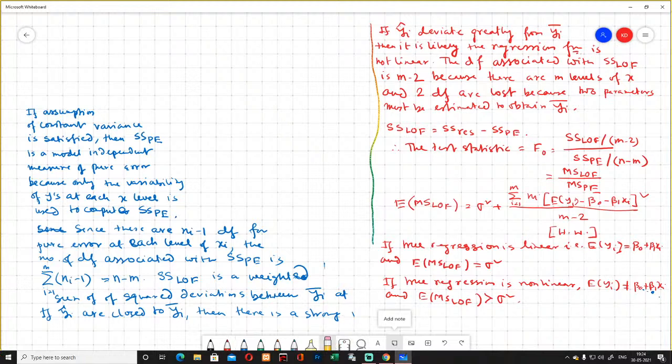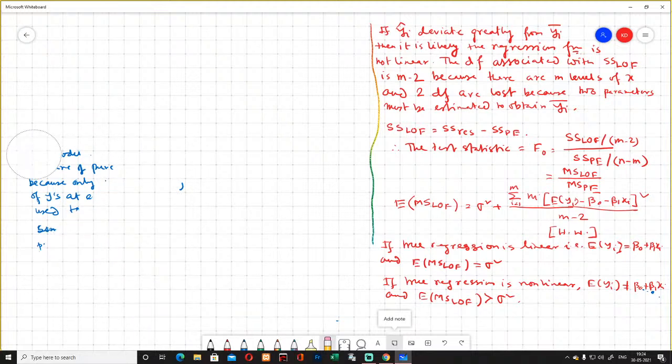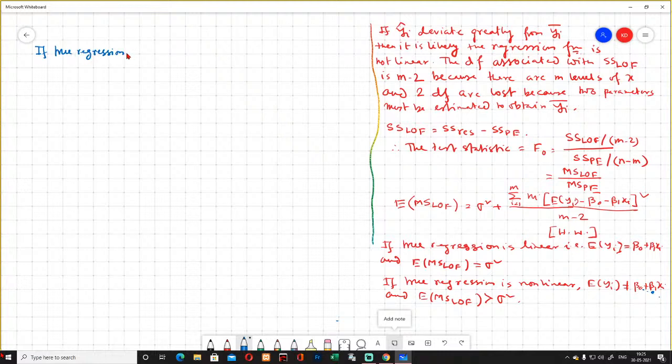So hence, if the true regression function is linear, that is under H naught, then the test statistic F naught follows an F distribution with m minus 2 and n minus m degrees of freedom.